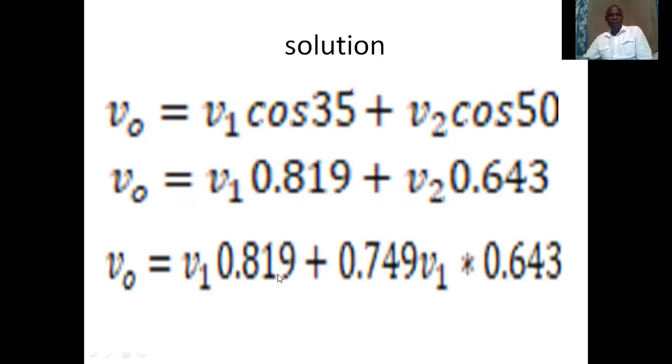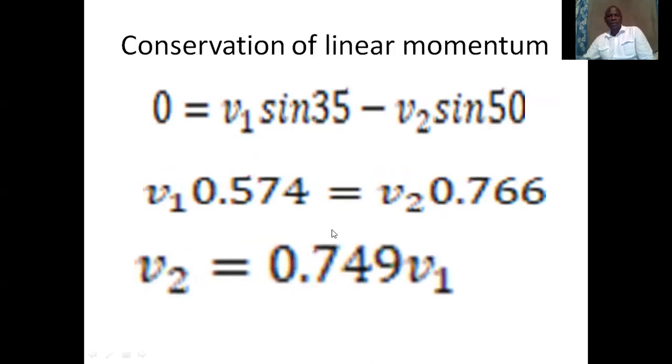And therefore, we can now, on this equation, where there is V2 here, we already found the value for V2. So where there is V2 here, we can substitute the value. And this is what we found as velocity number 2, which is 0.749 V1.